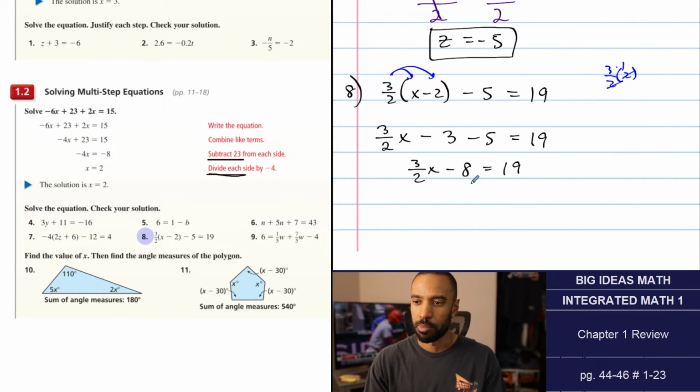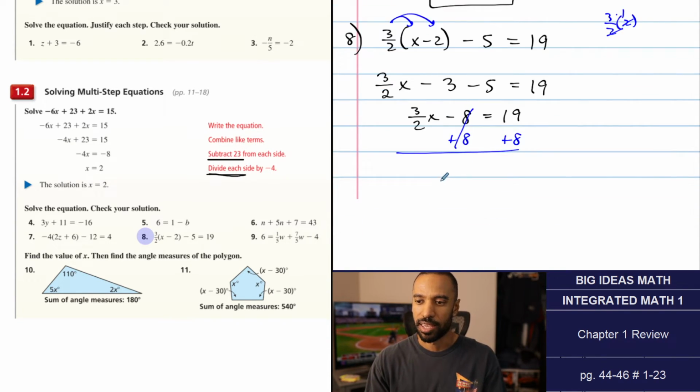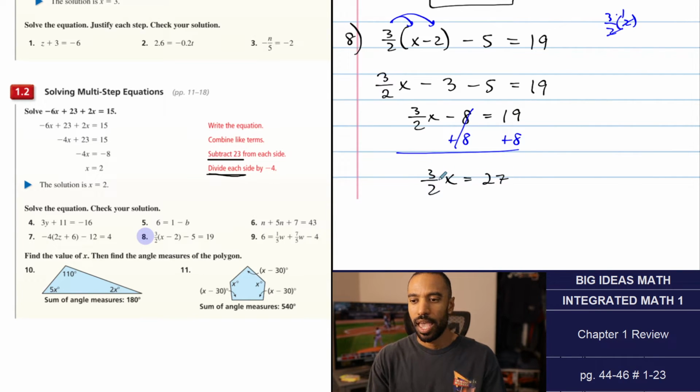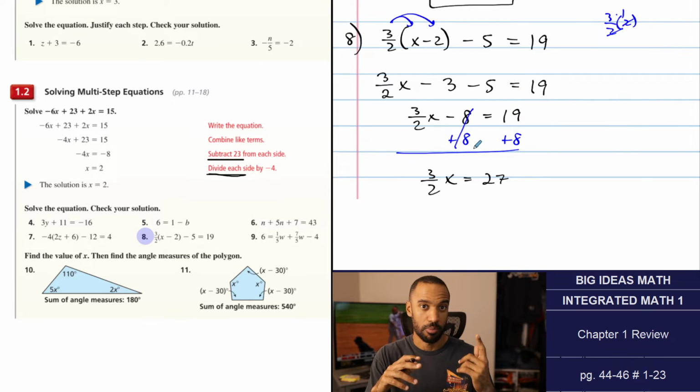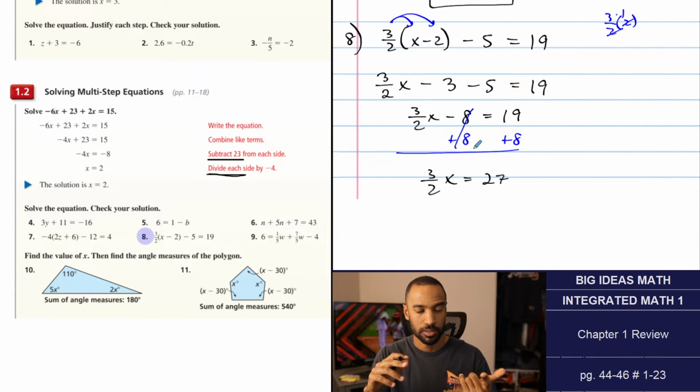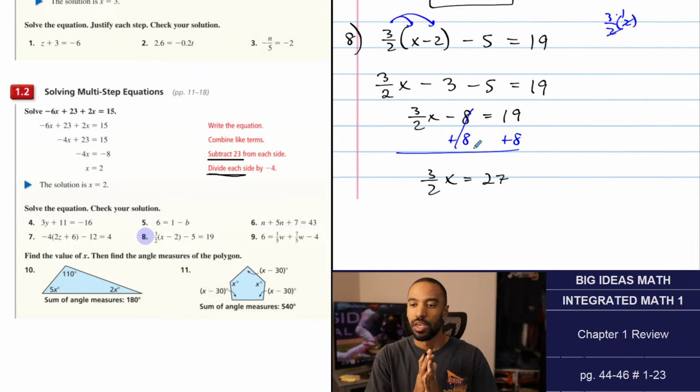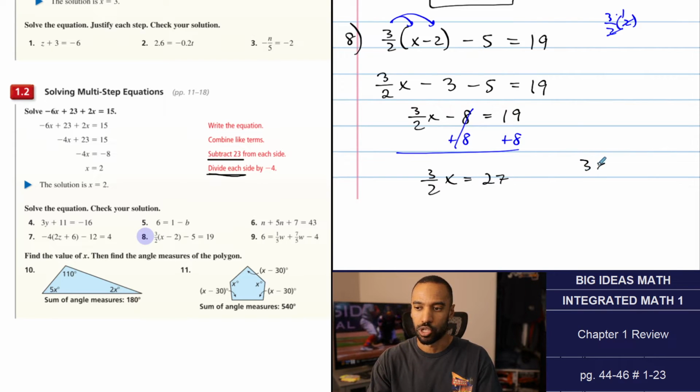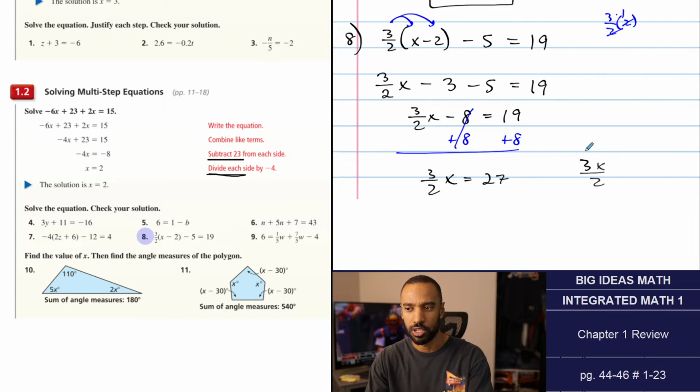And we can add 8 to both sides of this equation to now attempt to get the variable term by itself. We get 3/2 x equals 27. And now 3/2 is multiplying by x, which means a lot of different things. Remember, that is 1.5 x. You could divide both sides by 1.5. You could rewrite this as 3x over 2 if you wanted to, because x is multiplying by 3 and dividing by the 2, and do that in 2 steps.